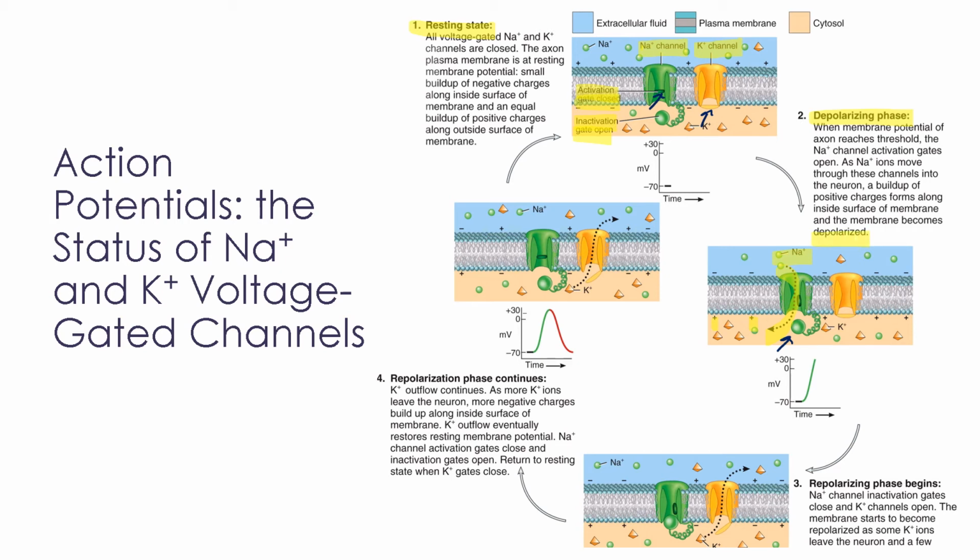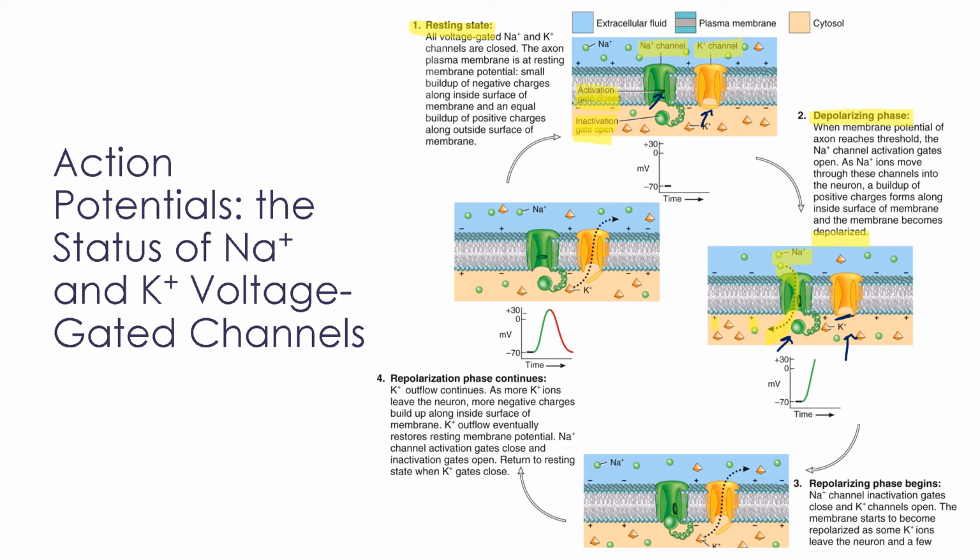It's at this point that technically these potassium channels are starting to open as well, but like I said, they're really slow, so they're just barely starting to open yet. Now, as soon as the sodium channels are opened, they start to inactivate.